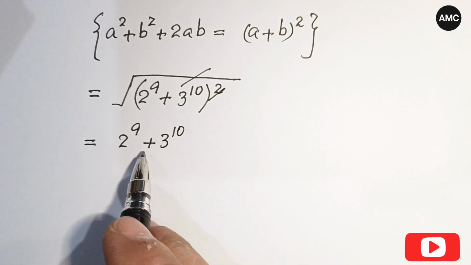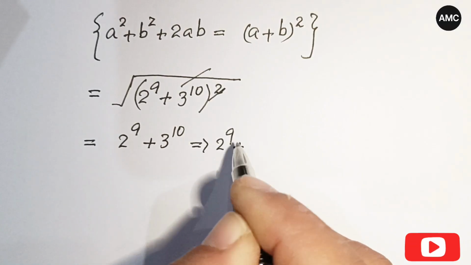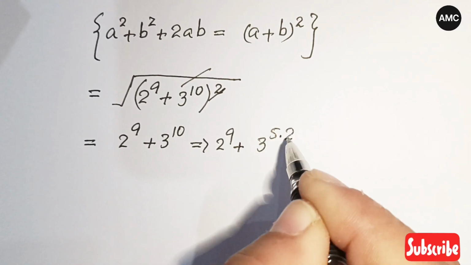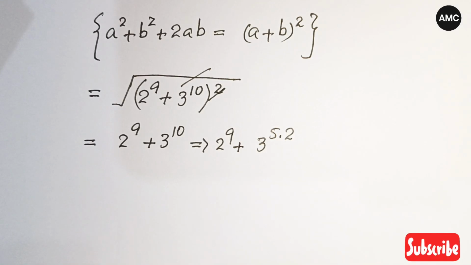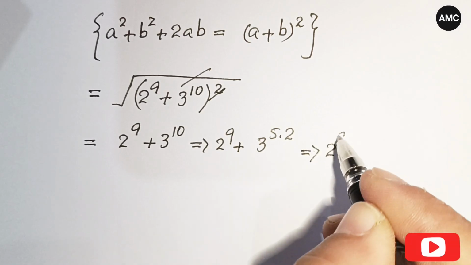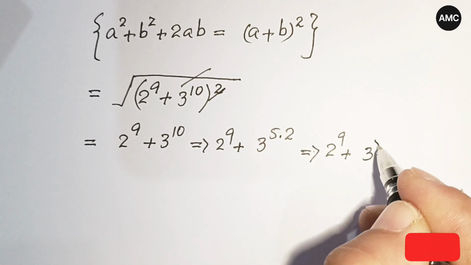Now 2 to the power 9 plus 3 to the power 10 can be written with 5 times 2, which is equal to 10. So here we can also write this as 2 to the power 9 plus 3 to the power 5 whole squared.